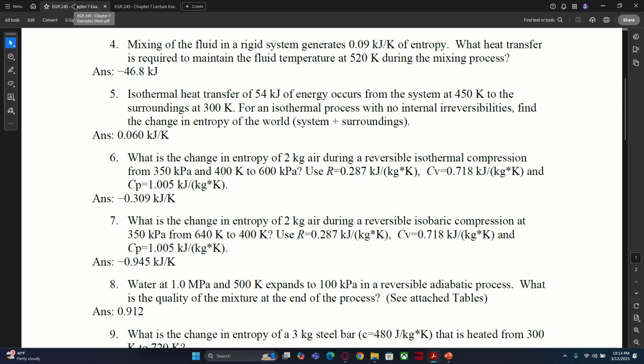For question 7, the question is, what is the change in entropy of 2 kilograms of air during a reversible isobaric compression at 350 kilopascals from 640 Kelvin in temperature to 400 Kelvin in temperature? So isobaric, our pressure is what is constant during this particular process.